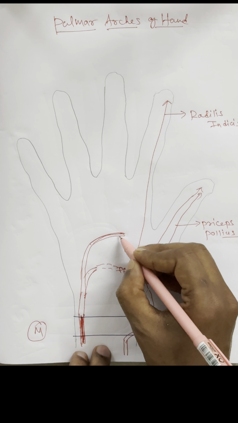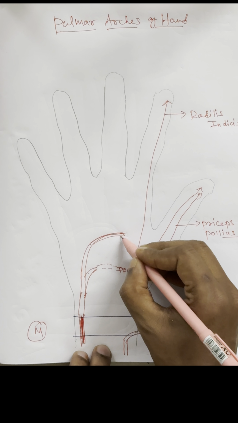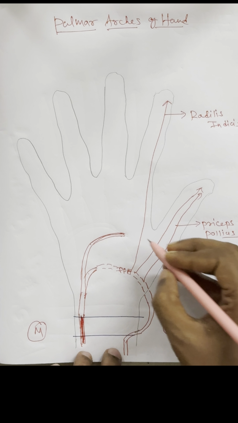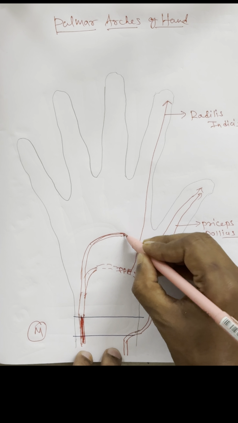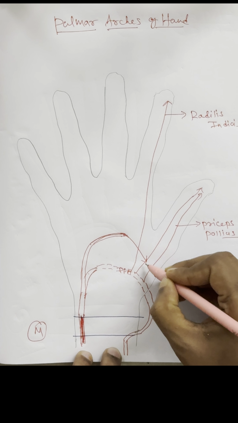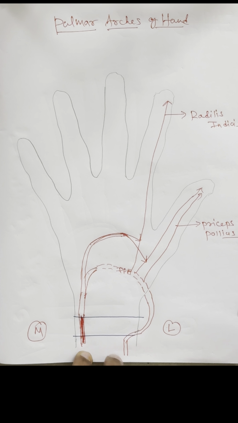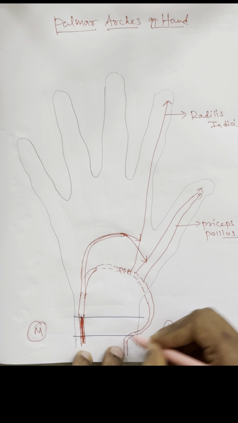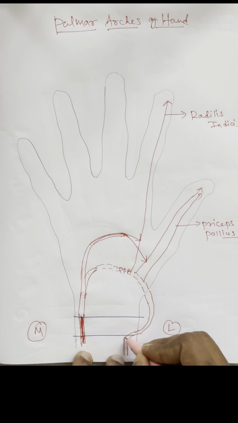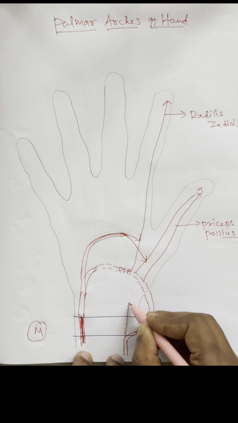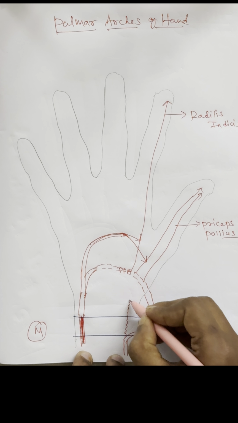Now, still this superficial palmar arch, what happens here? It goes to anastomosis either with the princeps pollicis or with the radialis indicis, or what happens here? This radial artery gives one palmar cutaneous branch, the superficial palmar cutaneous branches.